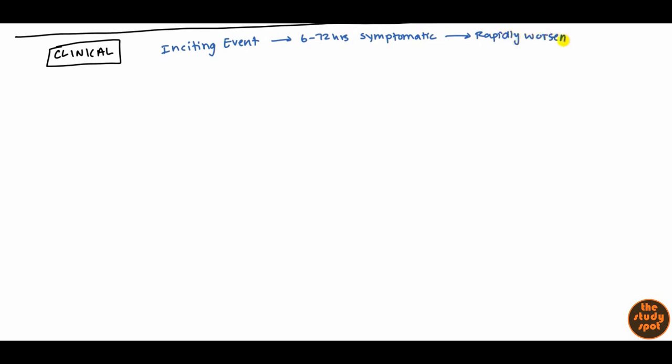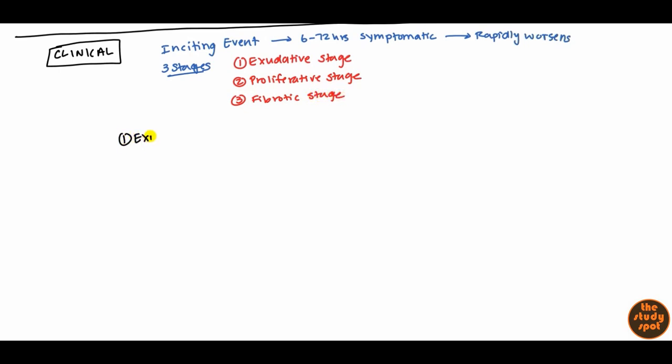And this is generally described through 3 stages. The first stage is known as the exudative stage, when you get the actual fluid release and build up in the lungs. The second is the proliferative stage, where healing begins and there's a little bit more interstitial widening. And then the fibrotic stage is a chronic stage that some patients get into.